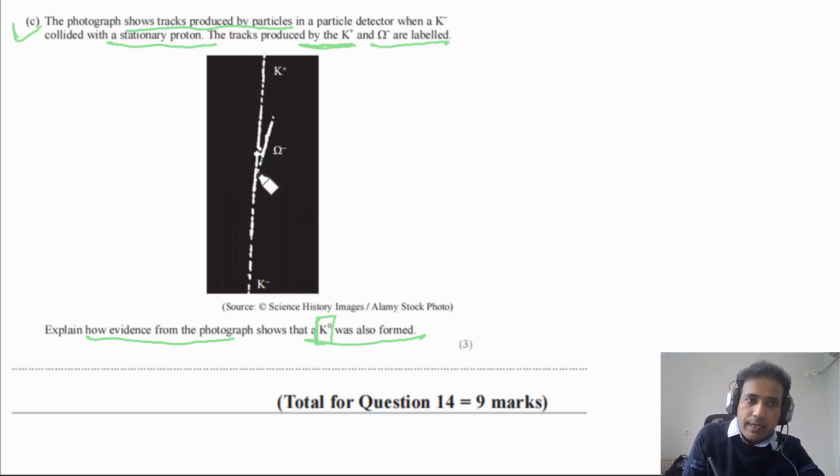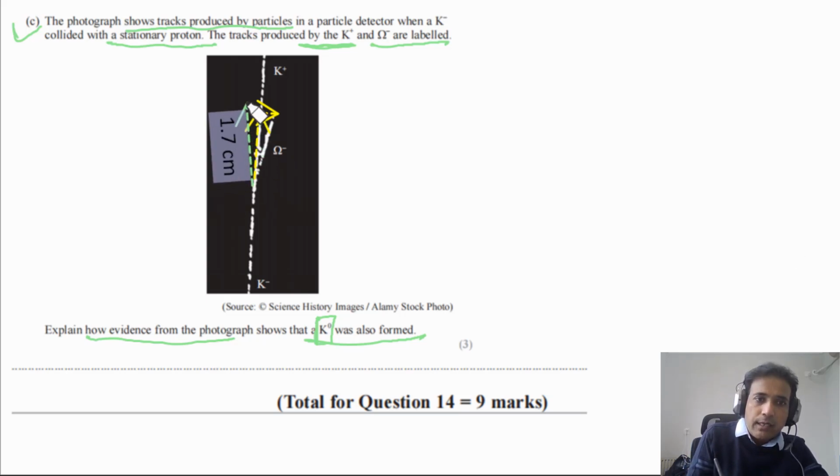So taking up as positive, it has momentum to the right. To conserve this, there must be momentum in the opposite direction. That has to be to the left. So we can simply draw an arrow here.